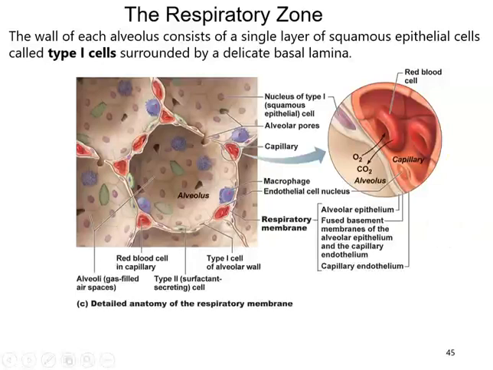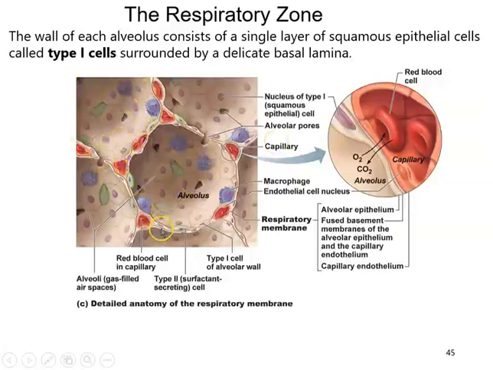Okay, so that's a lot of stuff I just told you, but what these slides are trying to show you with this diagram is the different pictures of the different types of cells. So the type 1 cells, that's kind of a dumb name, but they are the cells that make the walls of the alveoli.